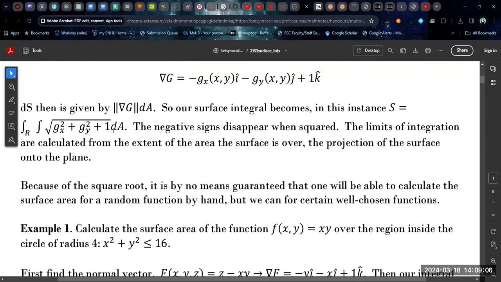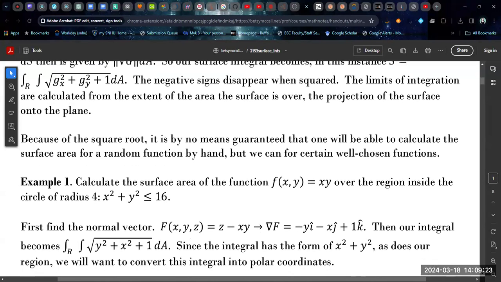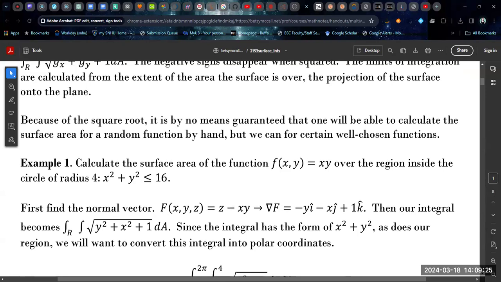Our area formula is basically just the magnitude of this normal vector integrated over our area. Our components should just be in terms of x and y at this point, and so we can integrate in just x and y, or maybe a different coordinate system.